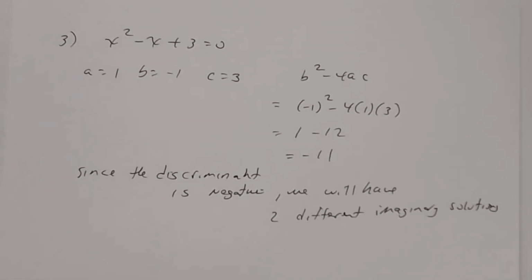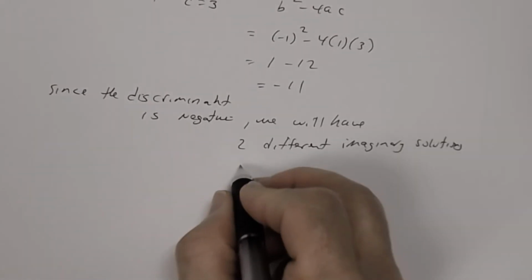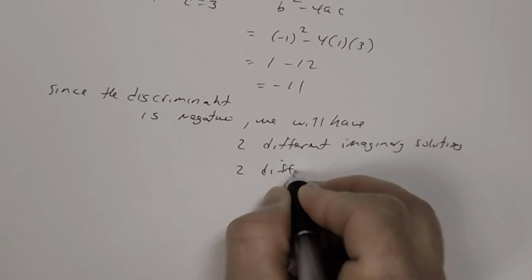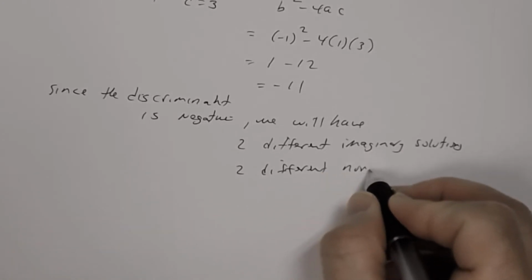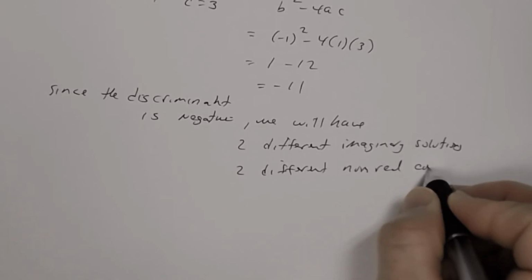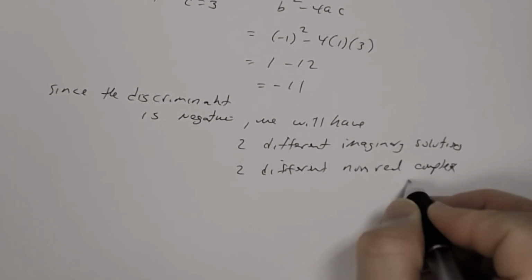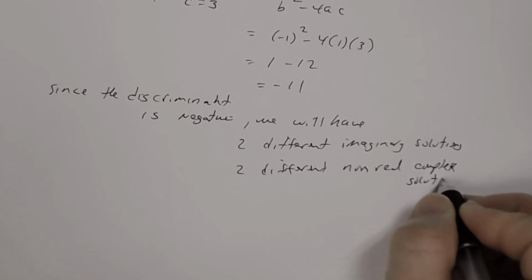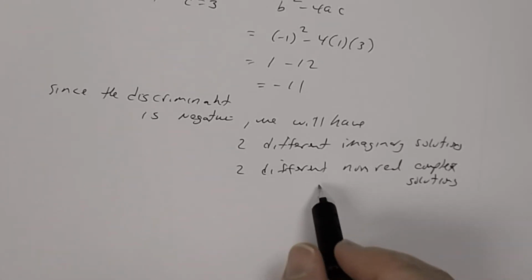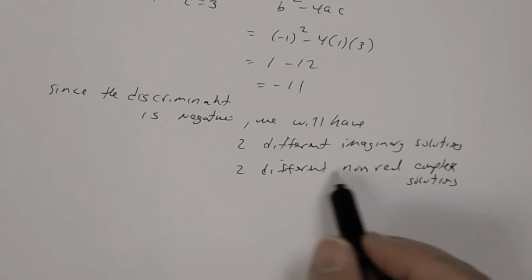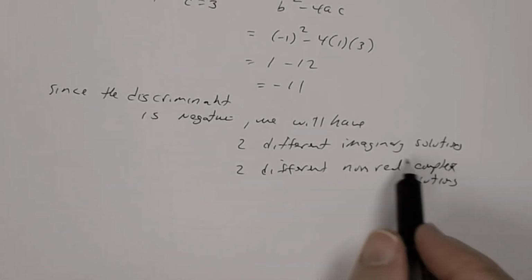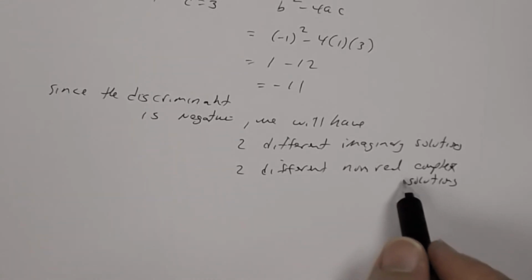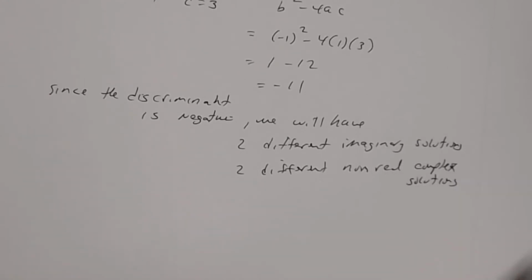You may also hear something like two different non-real complex solutions. Two different or two distinct non-real complex solutions just means that your solutions are not real numbers. So that means that they're going to be imaginary.